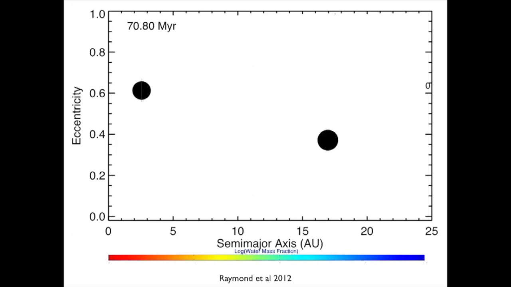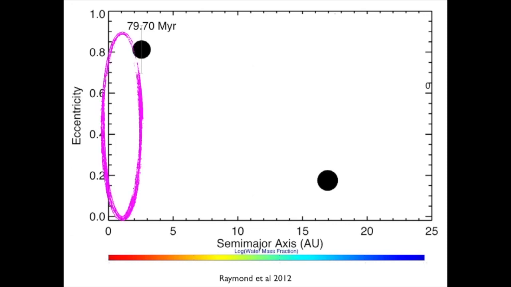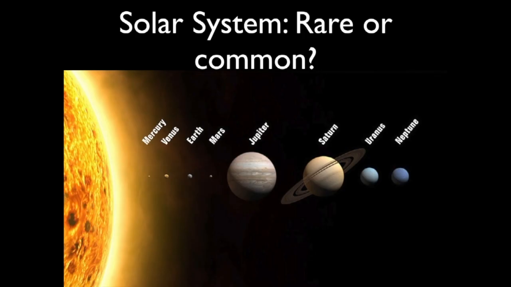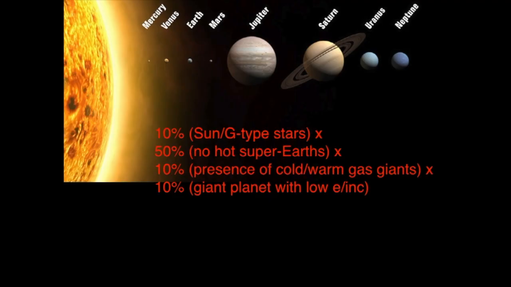So the solar system, how atypical is the solar system? We can make some speculation about that. If you observe, we're going to see that maybe 10%, maybe a little bit less, 5%, a few percent of the stars that we see should be G-type stars, like our sun. 50% of the systems have no super Earth, because we don't want a super Earth crossing the terrestrial zone and destroying everything.